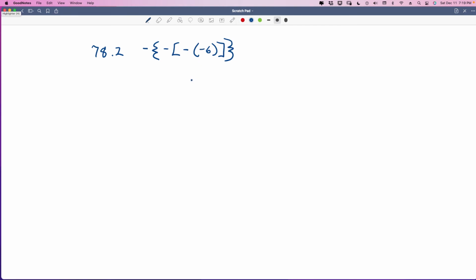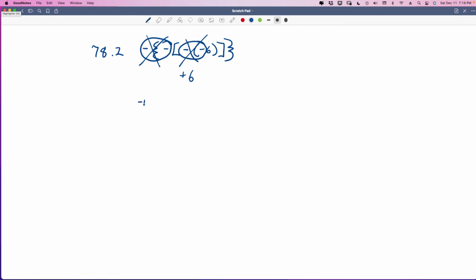That's an even number. An even number of negative signs is going to be a positive 6. That's all you really have to do. You can pair them up and get rid of them. And then whatever you're left with is your answer.